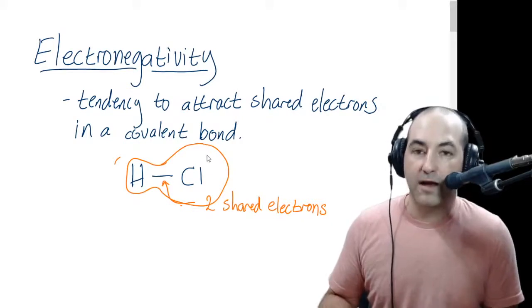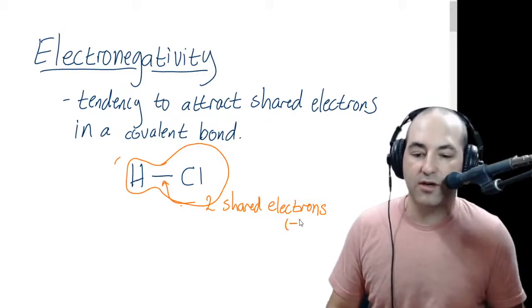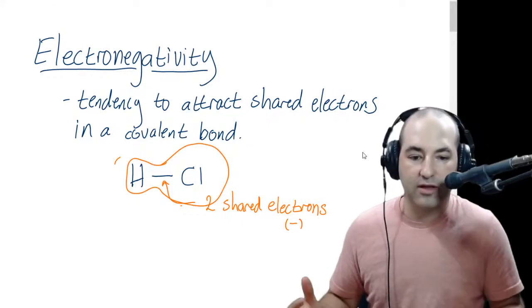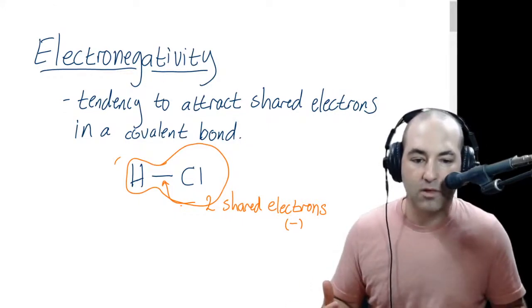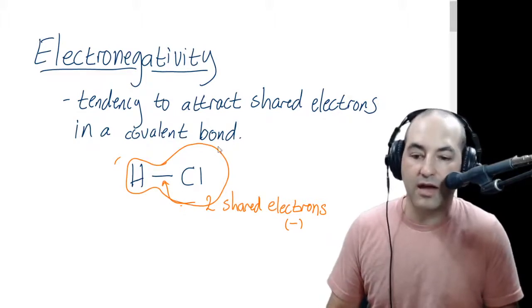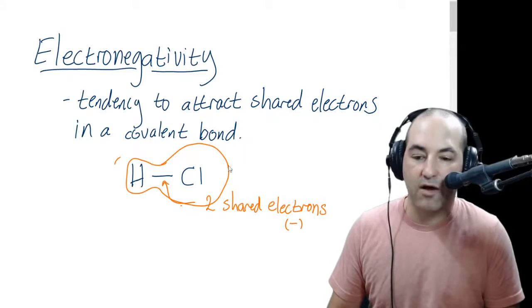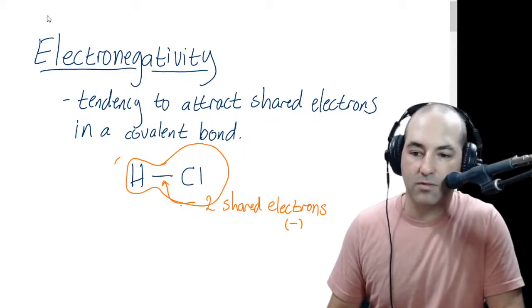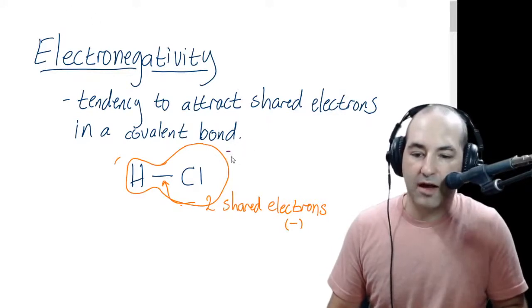And what that does, because electrons are negatively charged, is that this side that has more electron density, where the electrons are being pulled, is going to have a negative area around this side of the bond and a positive area around this side of the bond. Let's mark that. So a structure like this might have a negative side and a positive side.